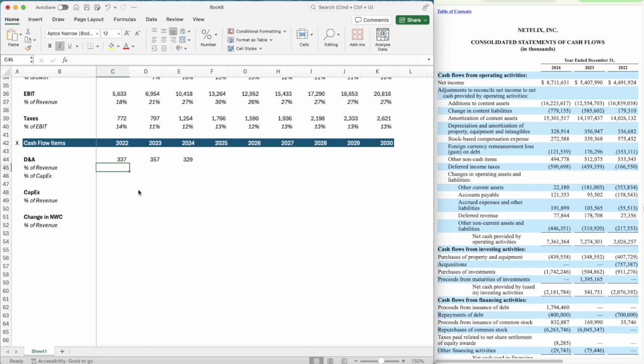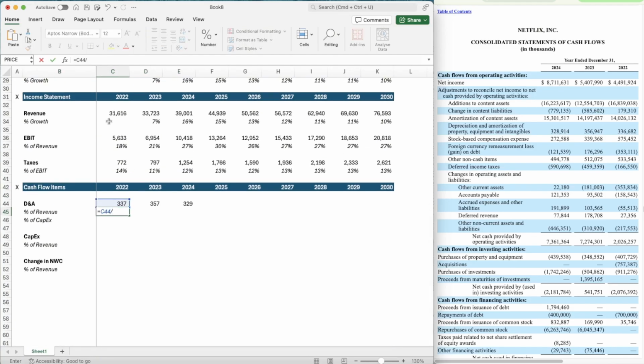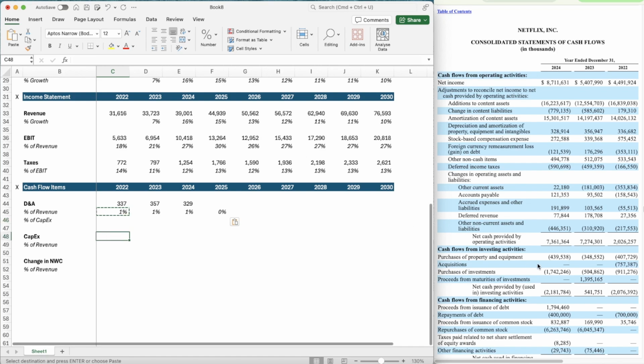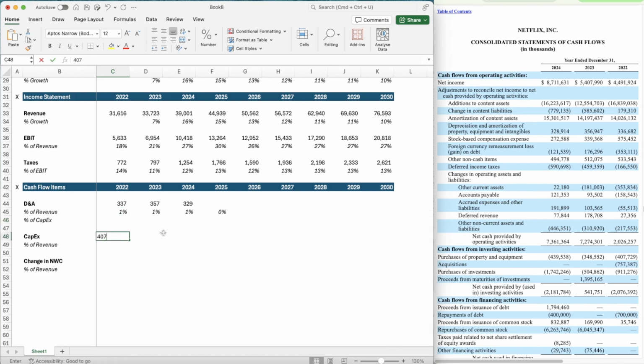But this is of your revenue, about 1%. CapEx is these three here, 407, 348, 552, 439, 58, and it's about 1%.